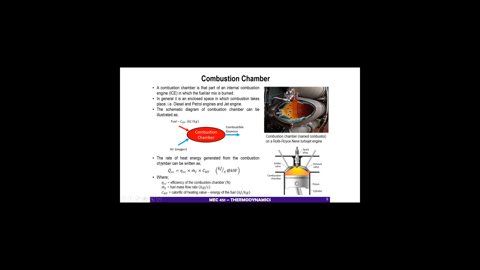So the rate of heat energy generated from the combustion chamber can be written as Q CC, heat being generated in the combustion chamber. So it is the efficiency of the combustion chamber times the mass flow rate of fuel times your calorific value. Okay, so this equation is your normal heat produced in the combustion chamber.